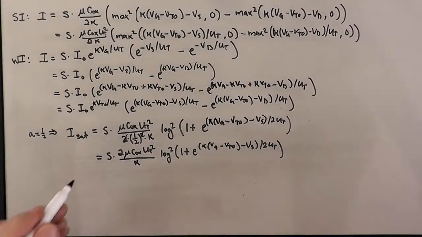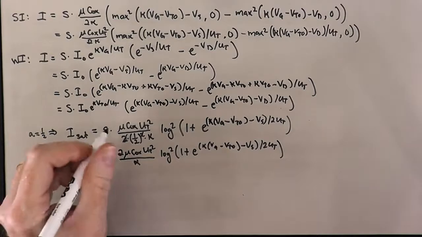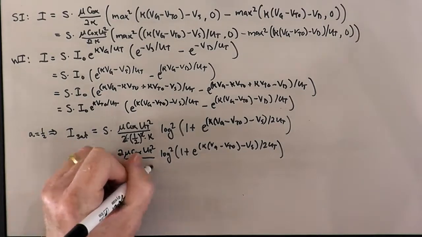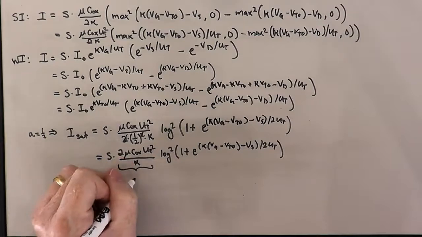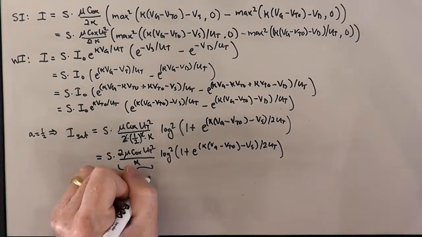This thing has units of current, and in this model it is called the specific current Is.